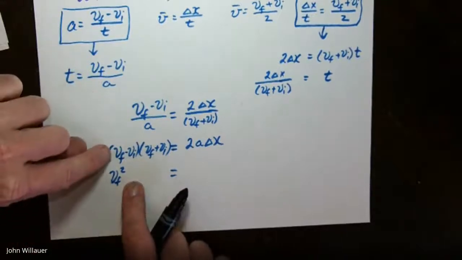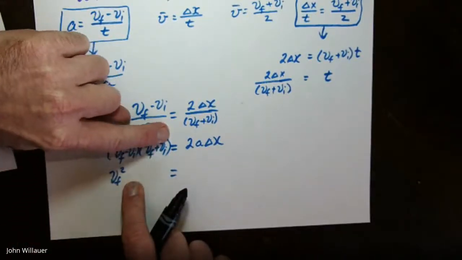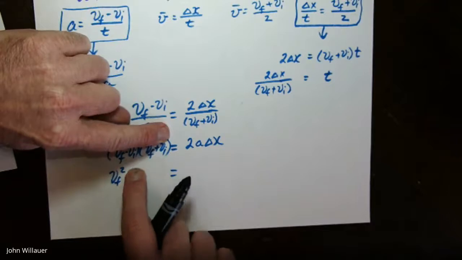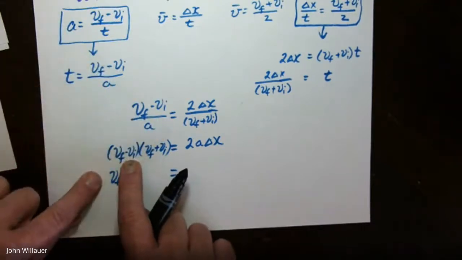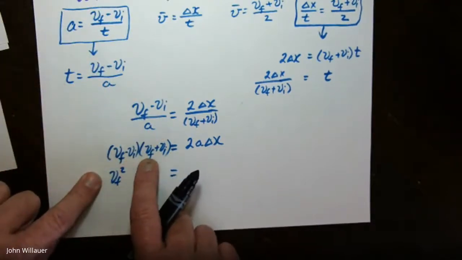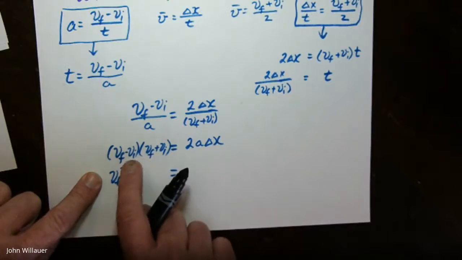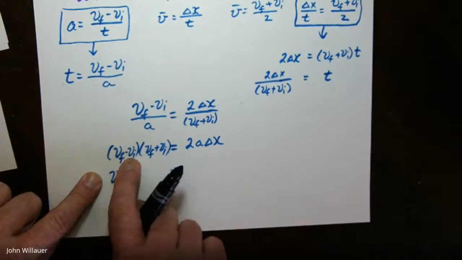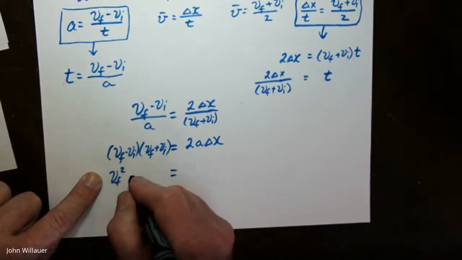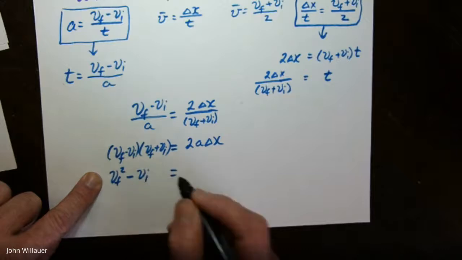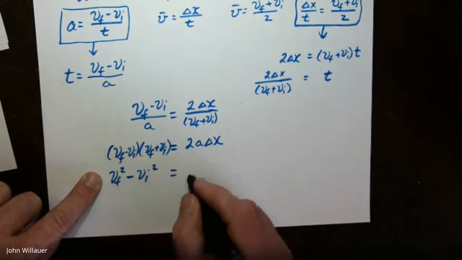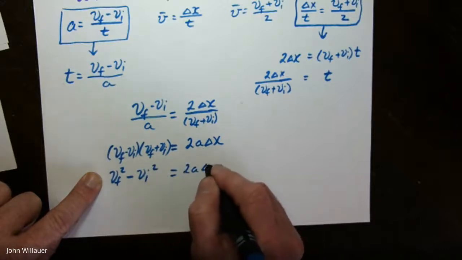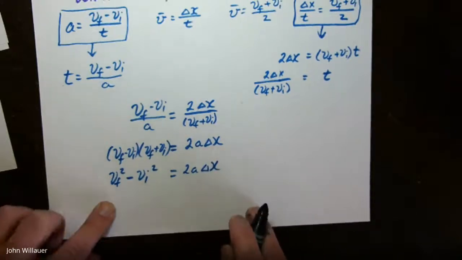Then I have to distribute VF times VI, so that's positive VF VI. Then I have to do the inside. Negative VI times VF is negative VF VI, so those cancel out. Then I do initial velocity, which is negative, times the positive initial velocity, so it's going to be minus VI squared, and that equals 2a delta x, which is our displacement.